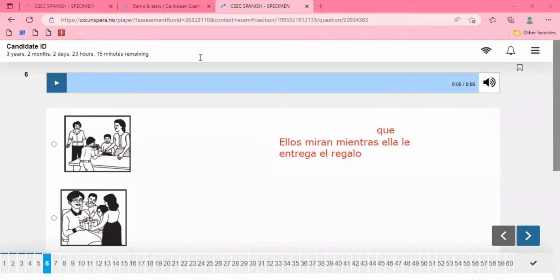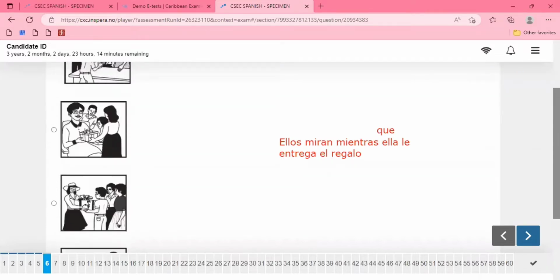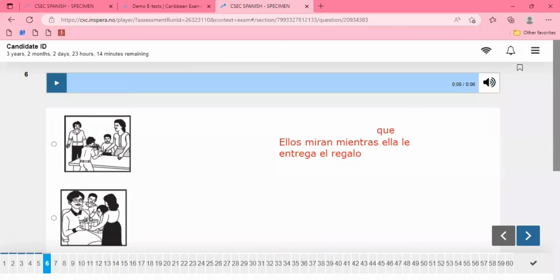So they watch as she presents the gift to someone, to whoever. Let's look carefully now. So we're looking for a picture where there are more than one persons watching as a female gives the gift to someone else.